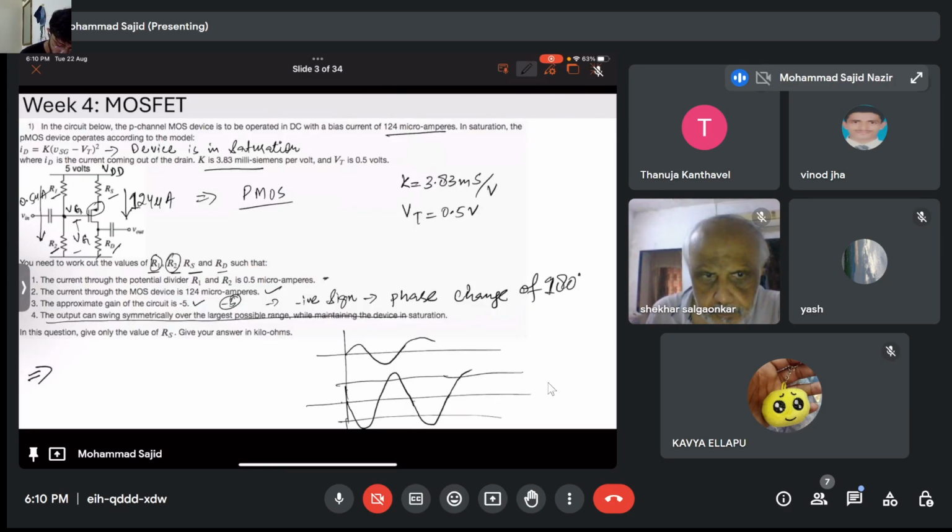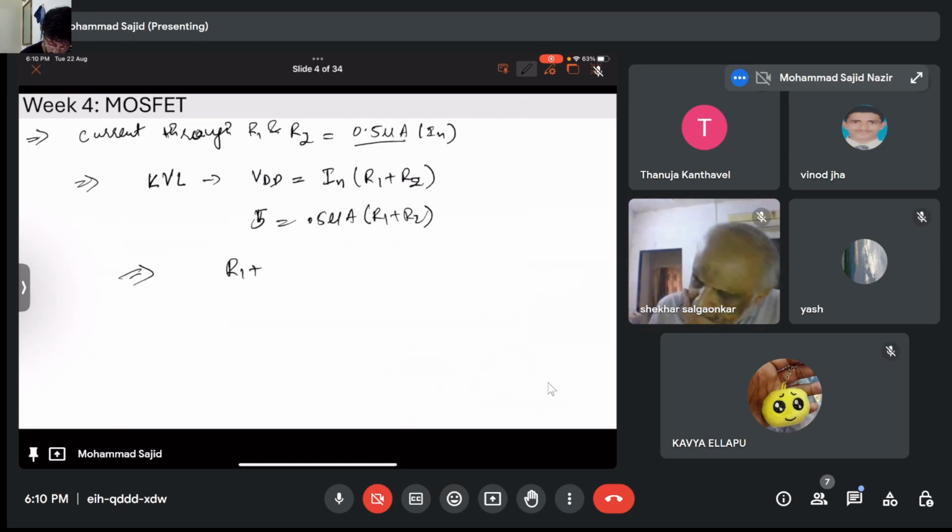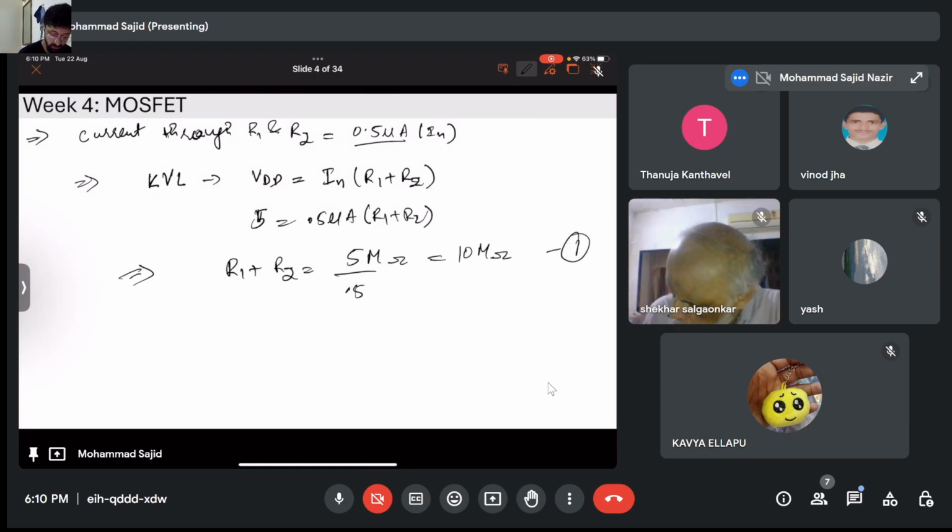Because in MOSFETs, for analysis purposes, we consider the gate current to be zero. So VDD, that is 5 volts, will be 0.5 microampere multiplied by R1 plus R2. So basically, R1 plus R2 will be 5 by 0.5 megaohms, or 10 megaohms. This is one piece of information we need later. Let's denote it as one.